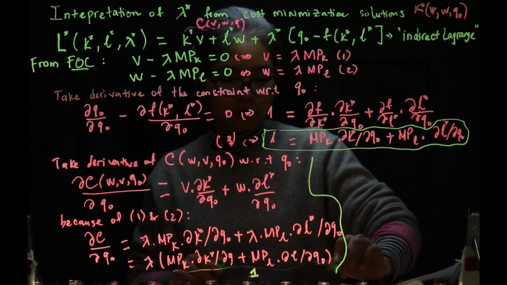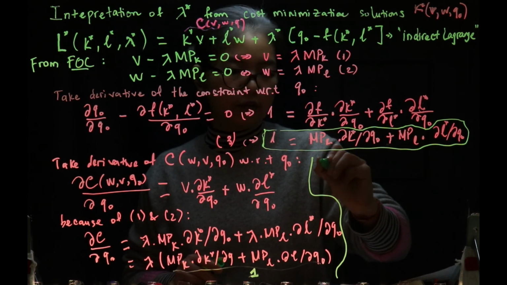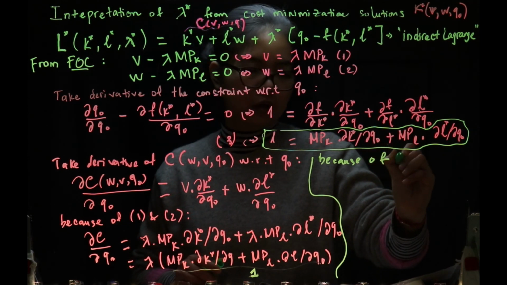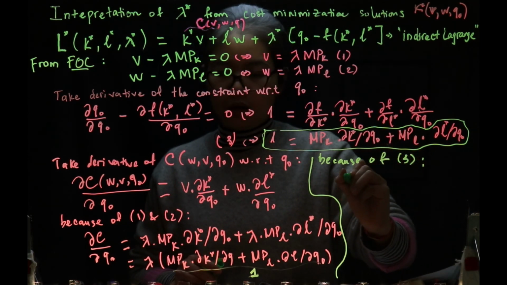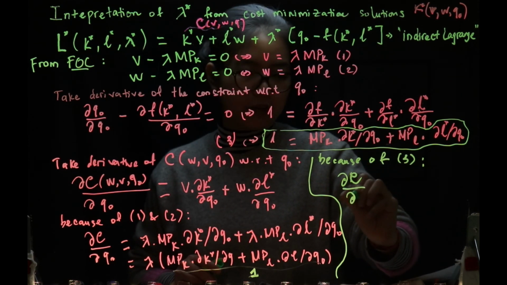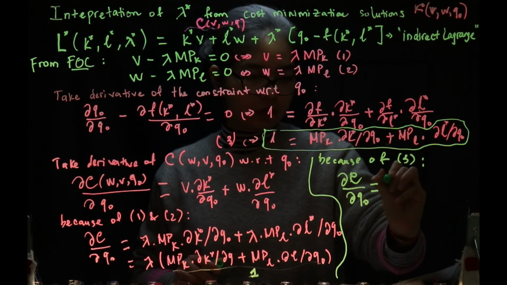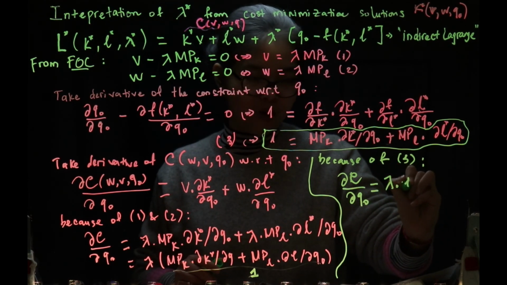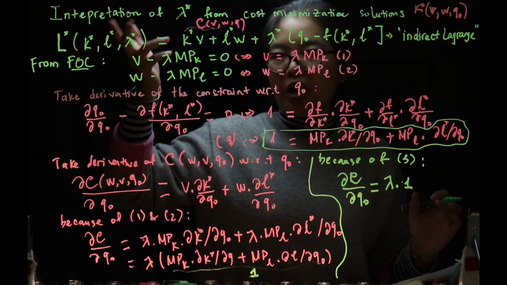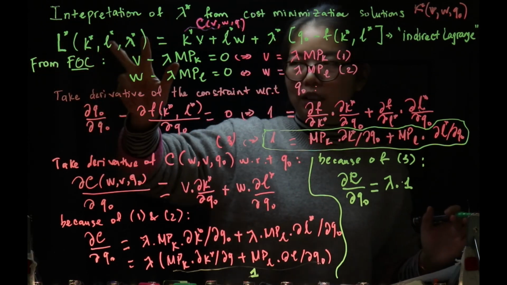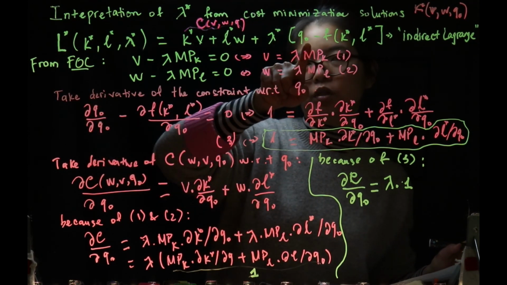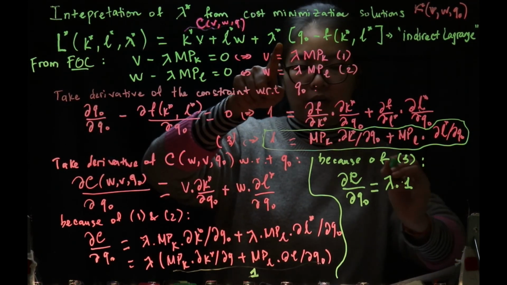Therefore, we have the derivative of the cost function with respect to Q0 equal to lambda times 1, which is lambda. If you remember, last time when we talked about utility maximization, if you take the derivative of the Lagrange with respect to Q0, you also have the lambda.